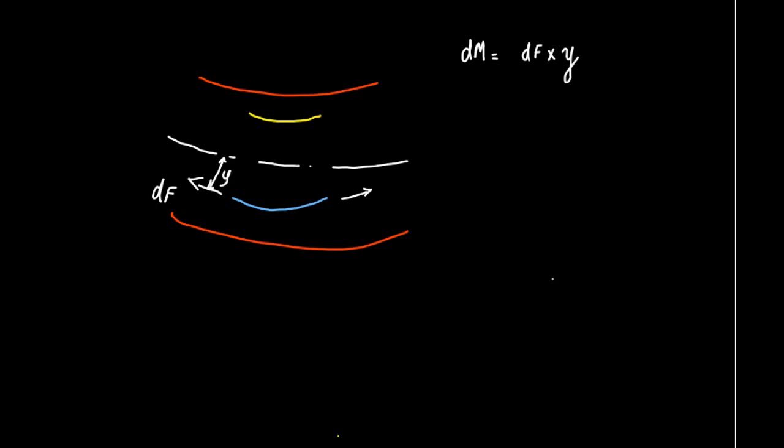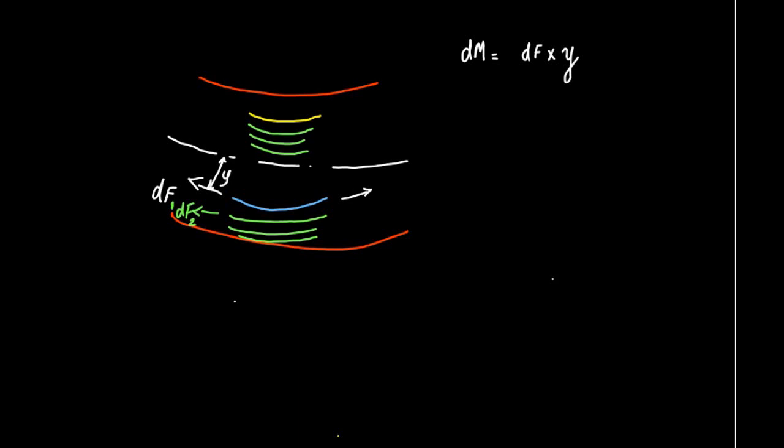Now, if I consider another layer, I can also define the bending moment of this force. Maybe you can call this dF1, and this dF2. I can consider one more layer, another layer, and so on and so forth. And I can also consider layers above the neutral axis, and those bending moments.